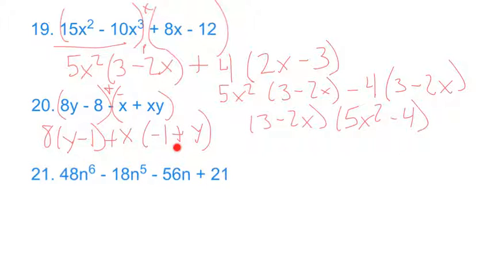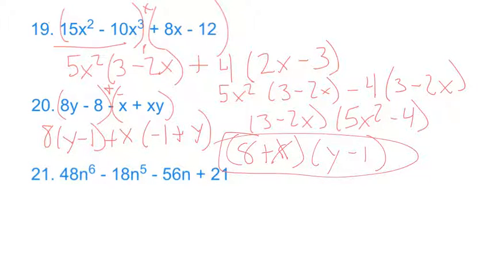Now, a negative 1 plus y is the same as y minus 1. If I switch the order here, which I can because it's addition, so it's commutative, I will be able to pull this out. I end up with (8 plus x)(y minus 1). That would be my answer there.